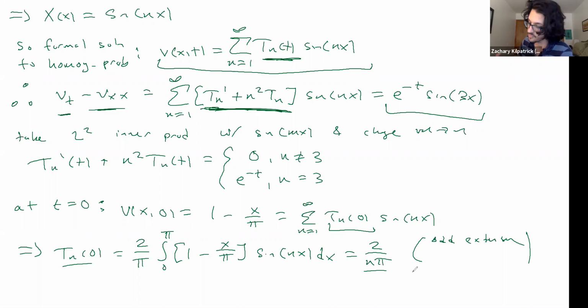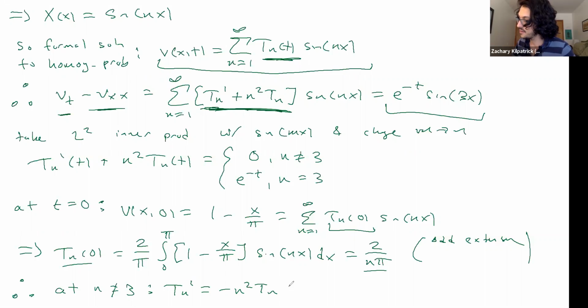Therefore, for n not equal to 3, what do I have? Let's go through that case. Tn prime is equal to minus n squared Tn, along with the initial condition Tn of 0 equals 2 over n pi.